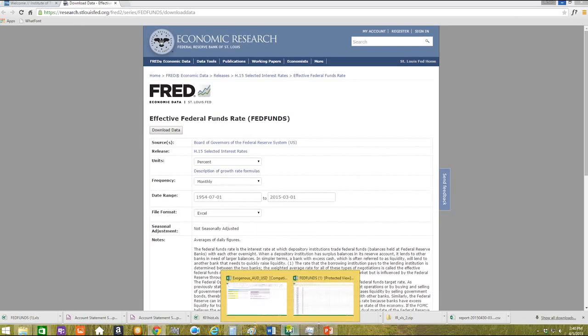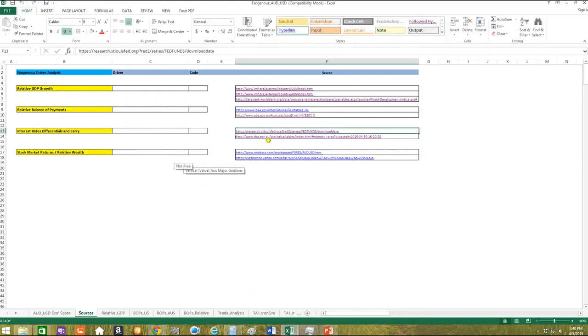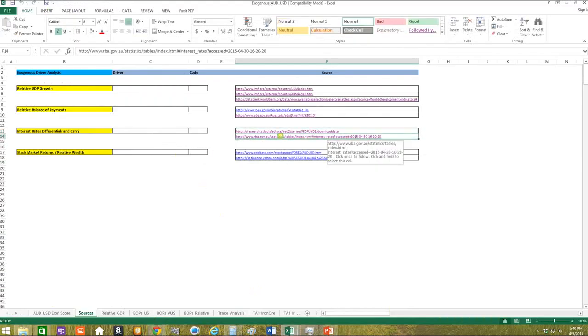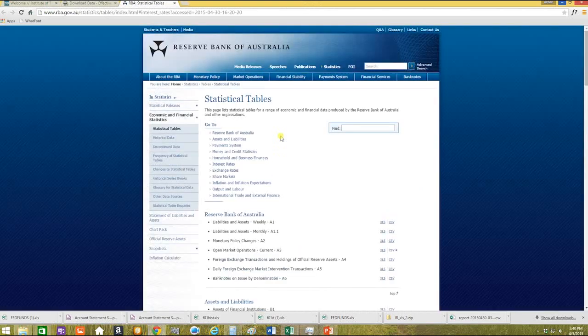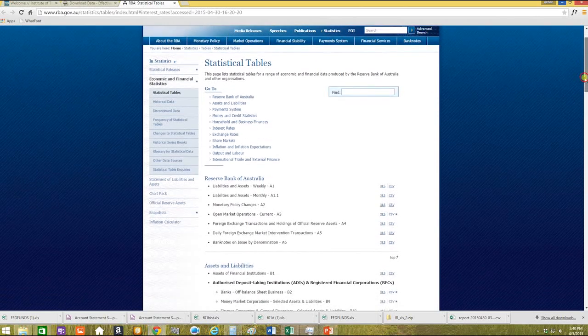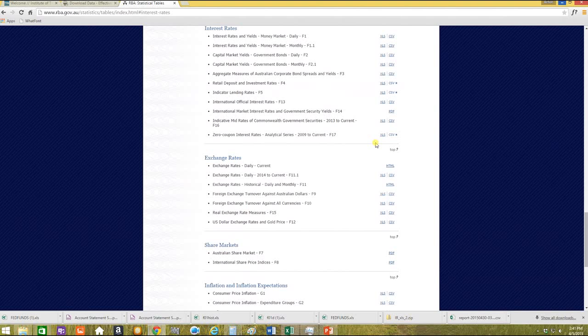If we go back to the EXO spreadsheet, we'll have a look at the RBA data. If you click on RBA, this will take you to the Reserve Bank of Australia website. And if you click on interest rates, the one that you want is actually the monthly rates.